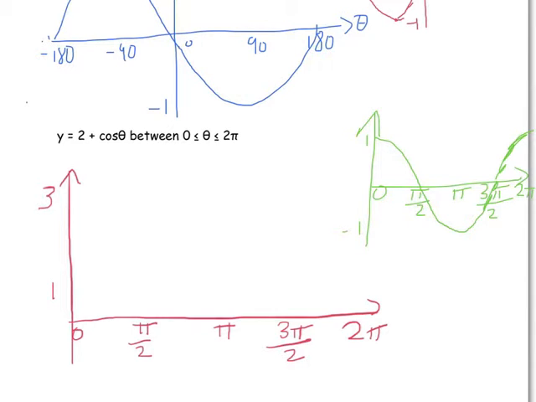Cos of pi over 2 is 0, and 0 add on 2 is 2, so what was our 0 line originally is going to be 2 now. It's going to go through this point here, that point there, that point there. It's going to look like that.